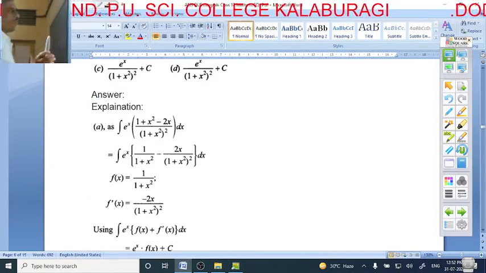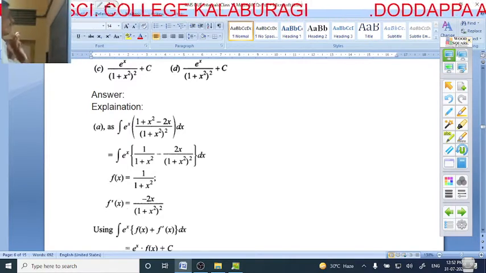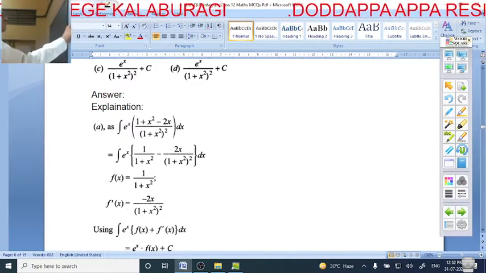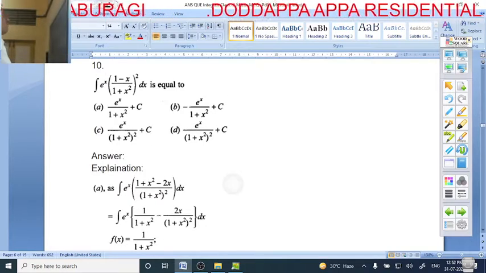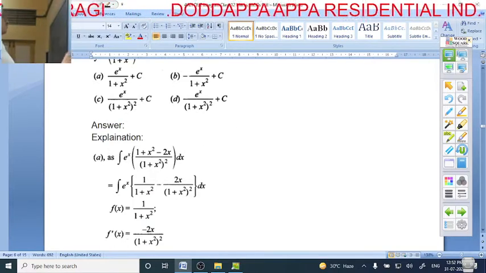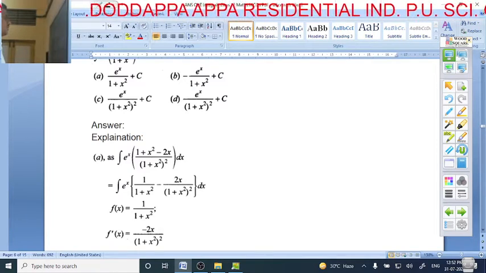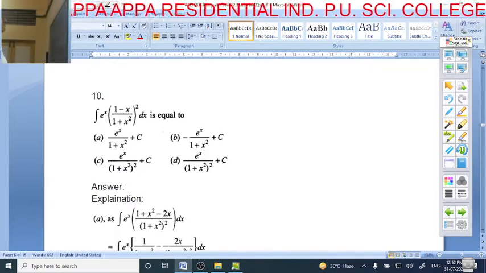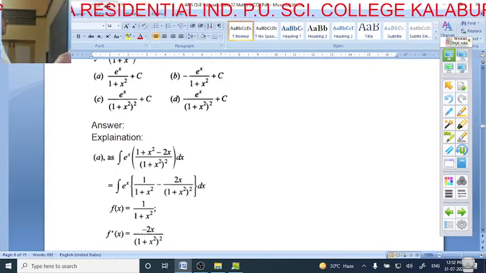So now what do we need? We need e to the power x times f of x plus f dash of x. So for that, integration of 1 minus x divided by 1 plus x, whole raised to square, is there, right? So here you can write 1 plus, and 1 minus x whole squared is there.